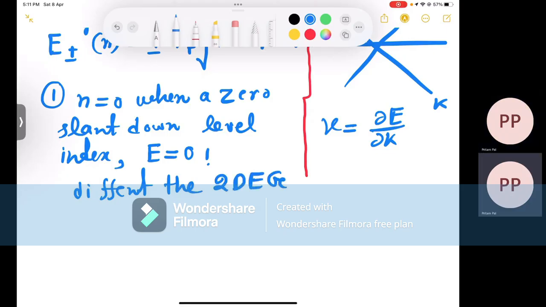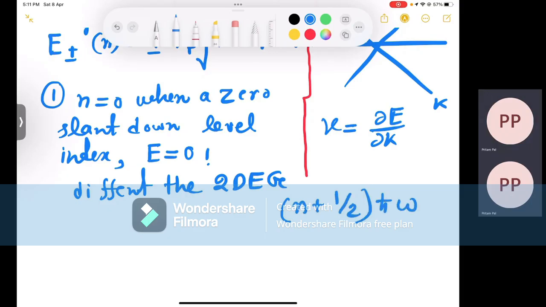Therefore, if you consider the simple harmonic oscillator energy levels, then you have (n plus half) h-bar omega, right? You have a zero point energy over there because of the simple harmonic oscillation. All the energy states are quantized, and you cannot have zero energy because there is a minimum energy that is half h-bar omega, and n is an integer that can only take values from 0, 1, 2, 3, 4 and so on with an interval of 1.